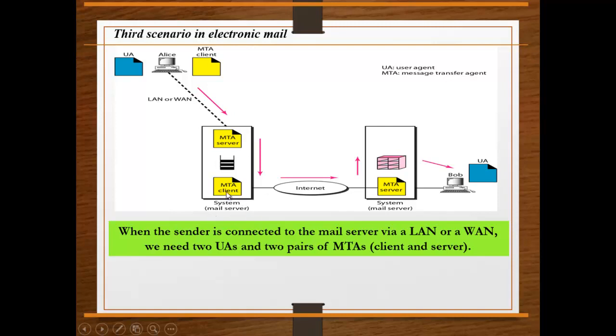Here, I am accessing the mail server, but this mail server is receiving the message from the person who is not directly connected to me. So when I am receiving, I am acting as a server, and I am going to send it to the next server corresponding to the receiver. At that time the particular server is acting as a client.